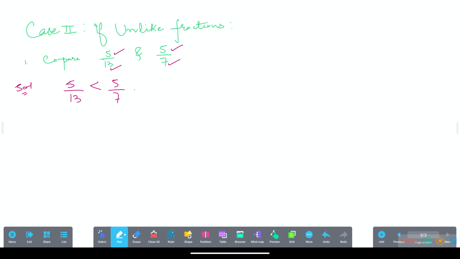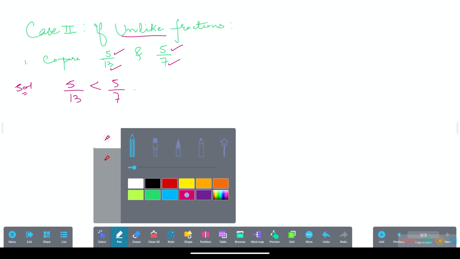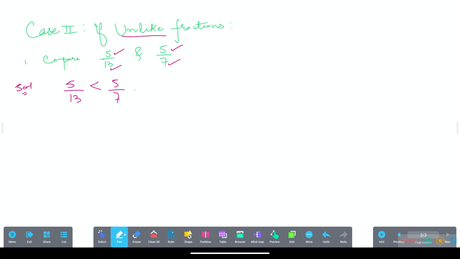Now the second example, because we are dealing with unlike fractions. Now let me take the case. When both numerator and denominator differ, suppose I have the fractions 5 by 7 and 12 by 13.